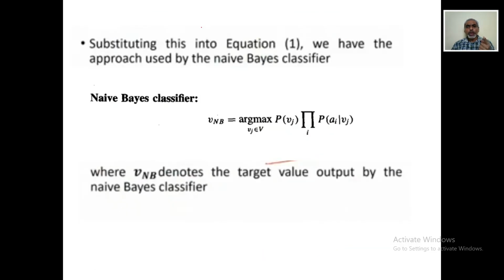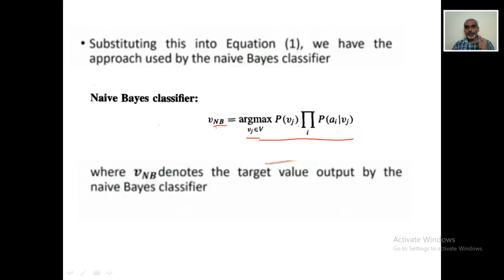Now we rewrite that equation as argmax over Vj belonging to V of P of Vj, which was the second term, multiplied with the product of probability of Ai given Vj. Now this expression we call VNB.